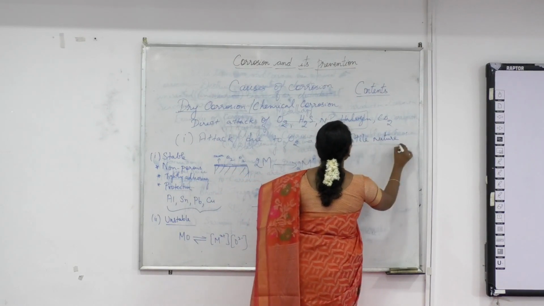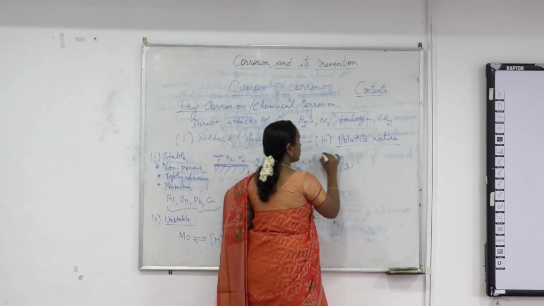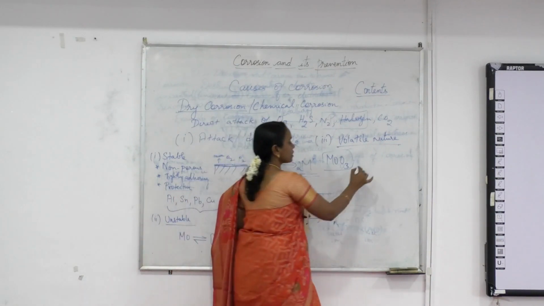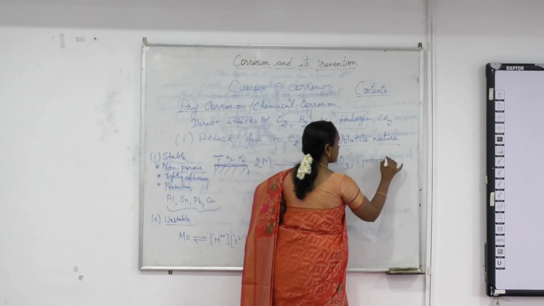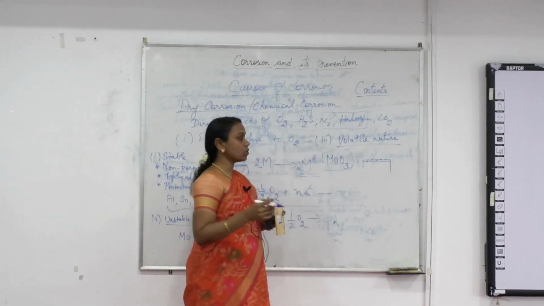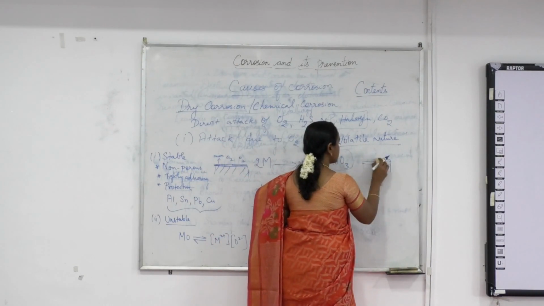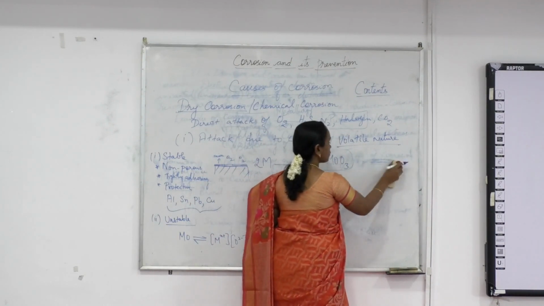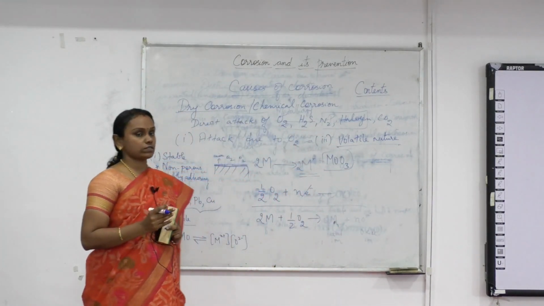For example, molybdenum oxide. Molybdenum oxide that is formed is very volatile in nature. So, every time a layer is formed, it will vaporize and go off, and a fresh layer will be available for oxygen to attack. So, the rate of corrosion will be very high in the case of a volatile metal oxide layer.